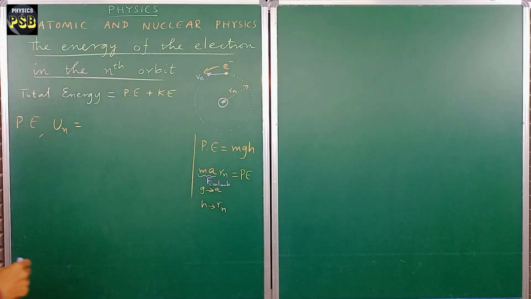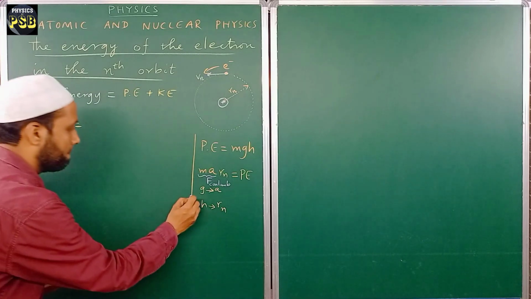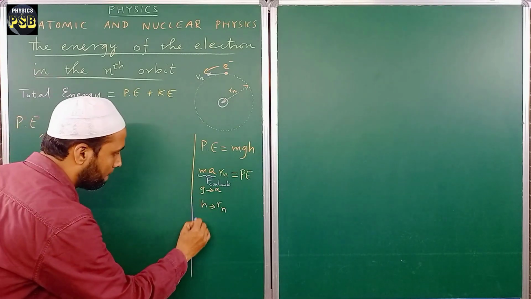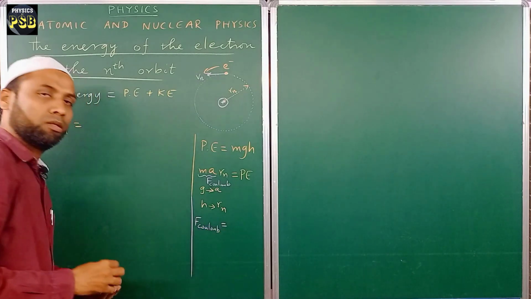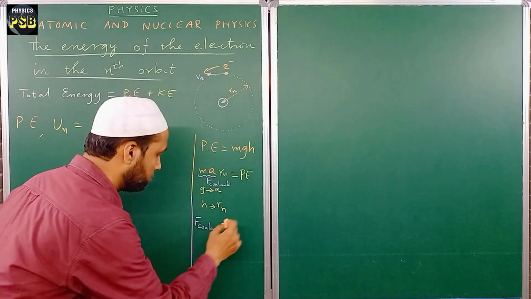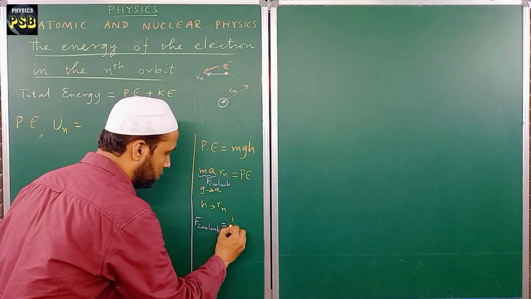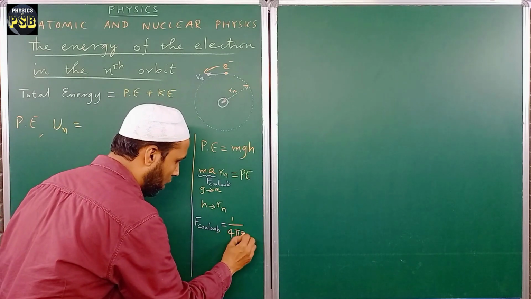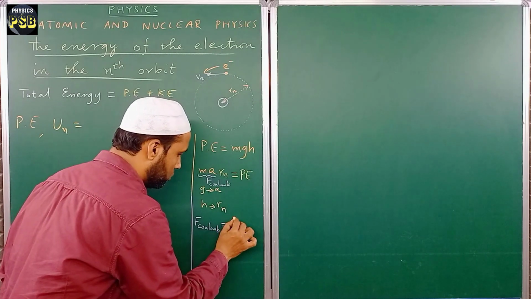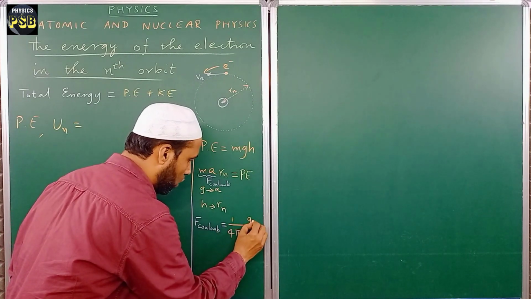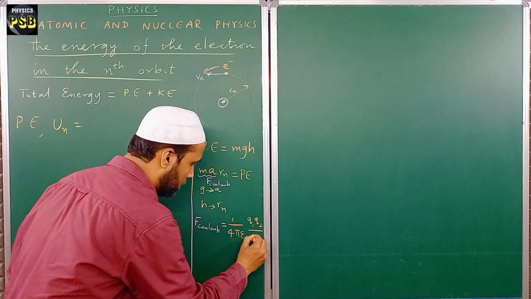Now what is this Coulomb's force? Coulomb's force is 1 upon 4 pi epsilon naught, the product of Q1 Q2 upon R square.